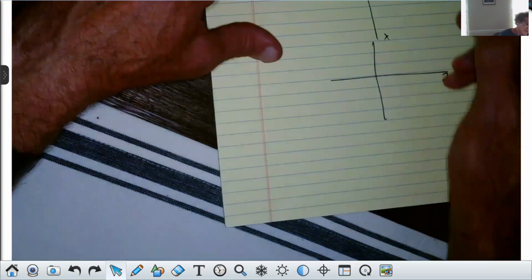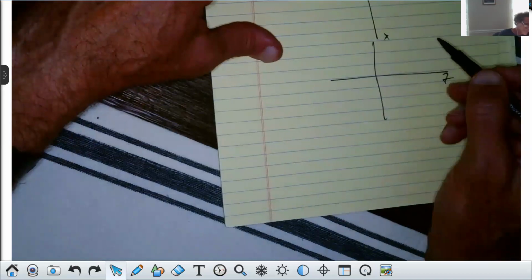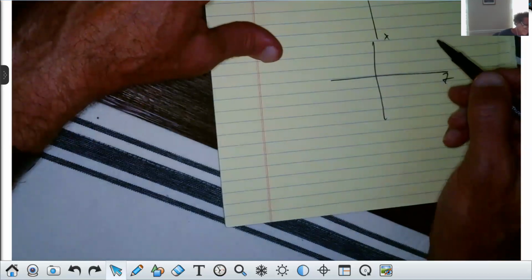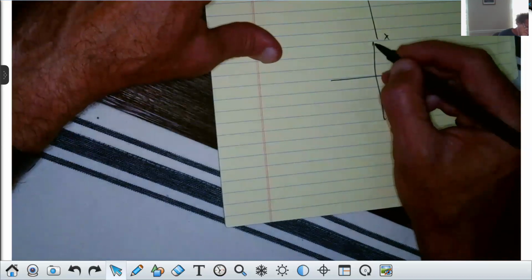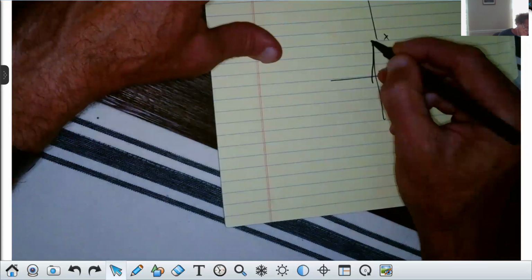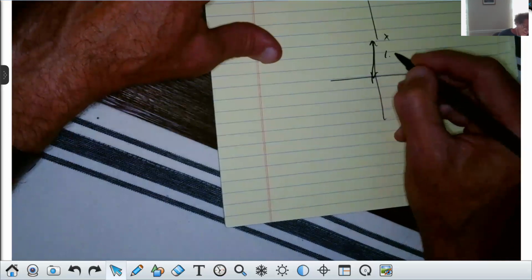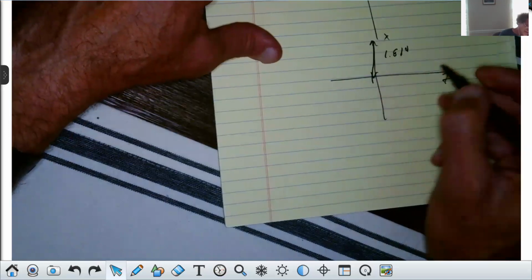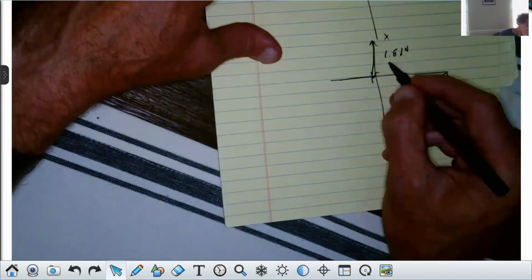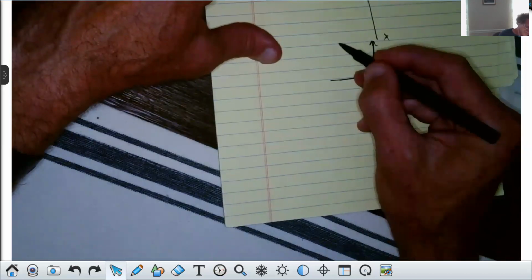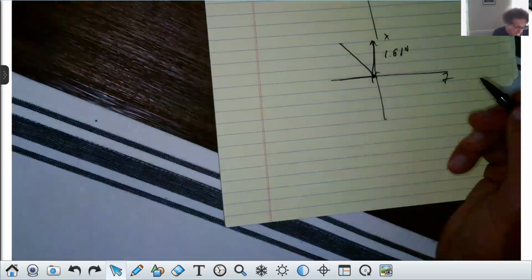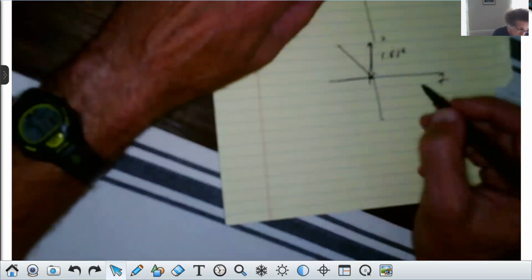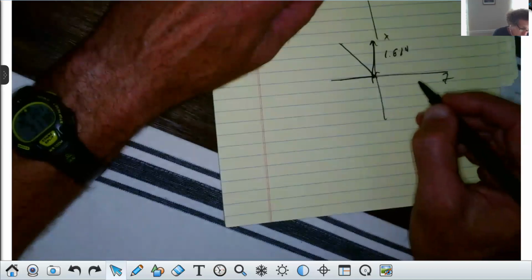Well, this vector would look like this. It would have a dimension this way of 1.814 and a dimension this way of 1.047.